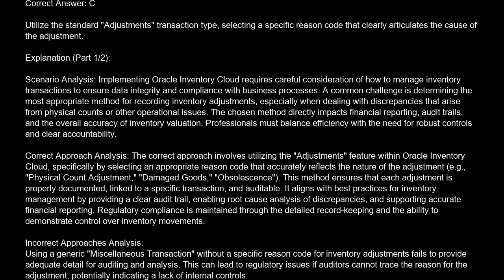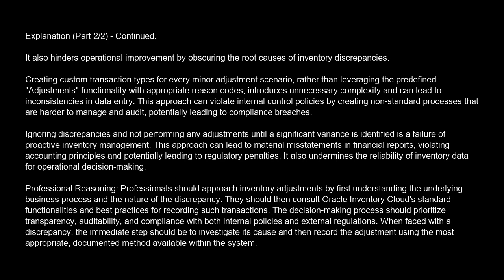Incorrect approaches analysis. Using a generic miscellaneous transaction without a specific reason code for inventory adjustments fails to provide adequate detail for auditing and analysis. This can lead to regulatory issues if auditors cannot trace the reason for the adjustment, potentially indicating a lack of internal controls. It also hinders operational improvement by obscuring the root causes of inventory discrepancies.